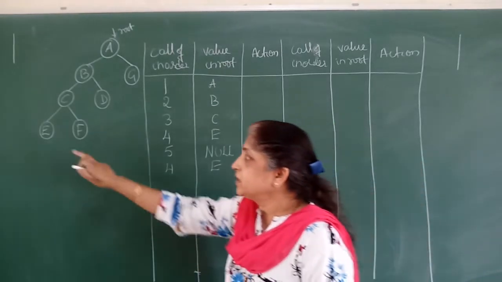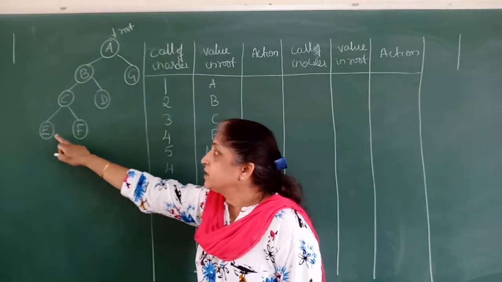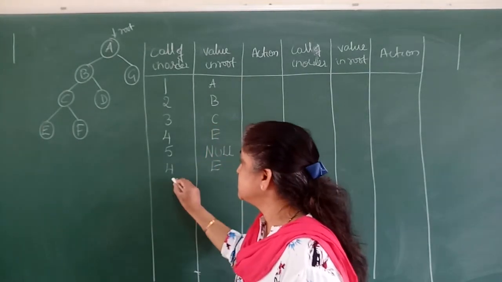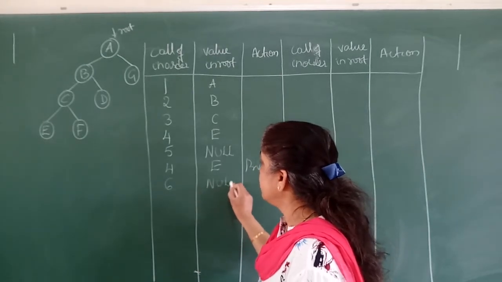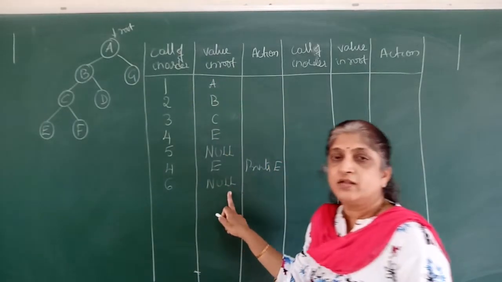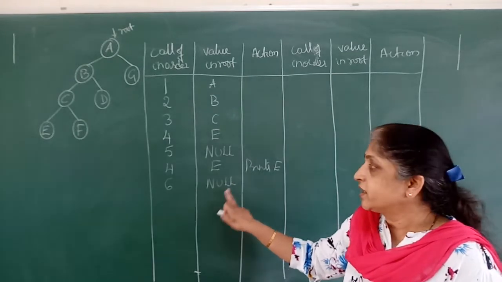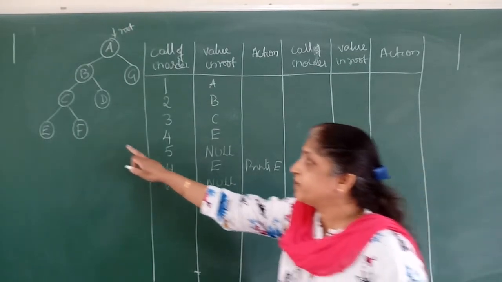After printing E, it calls the right subtree. That is the sixth call. In the sixth call, again the value in root is null, so control returns to the previous call.